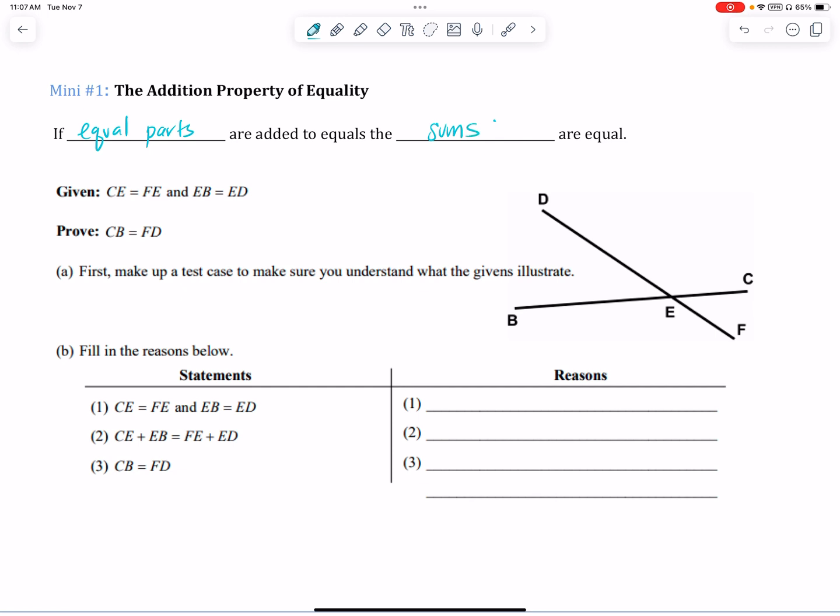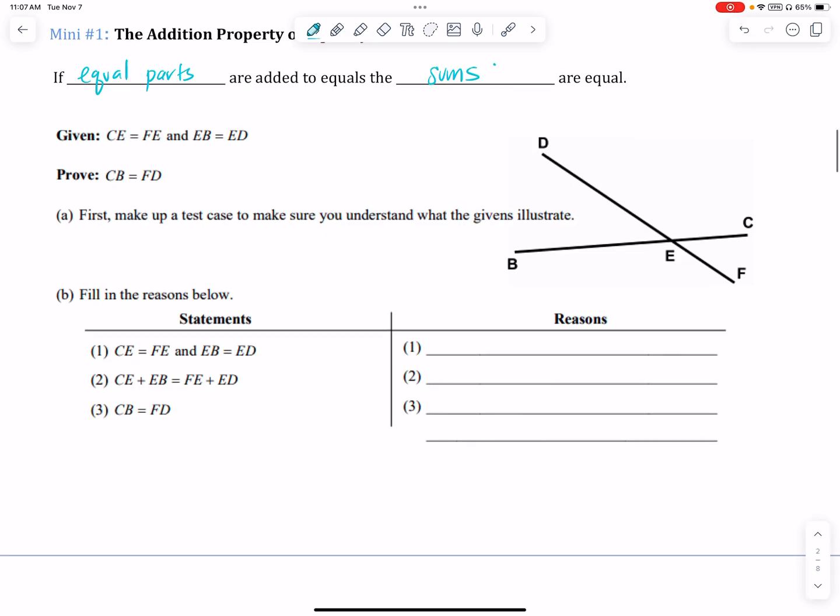All right. So, given step one, we're always going to annotate our diagram. I'm still seeing this step missed, and it's really hard to tackle the proof if you don't have a compass or don't know the givens. So, number one, annotate.